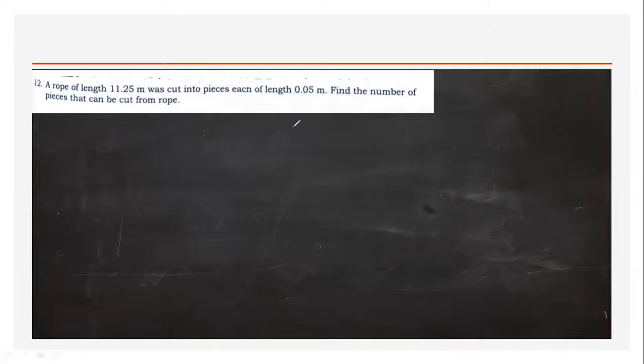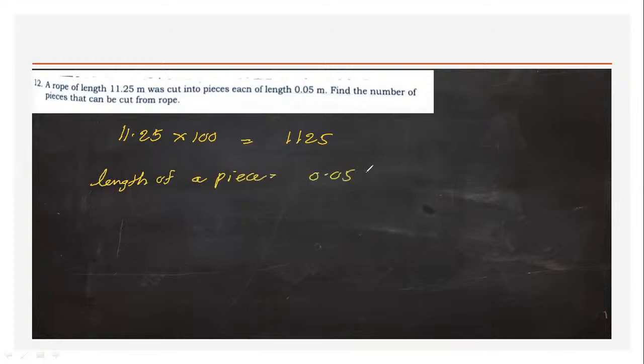Right, you can convert this to centimeters. It means now you can multiply 11.25 by 100, because in 1 meter there are 100 centimeters. 1125. Then now convert the length of a piece: 0.05 times 100, 5 centimeters.